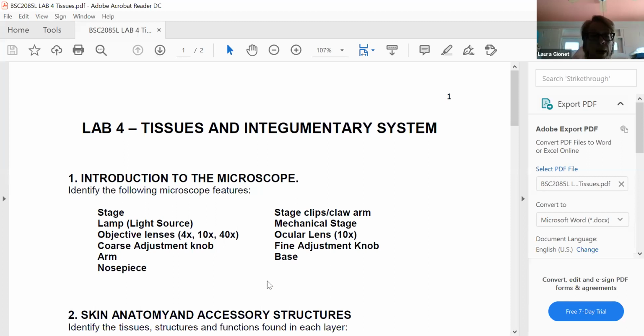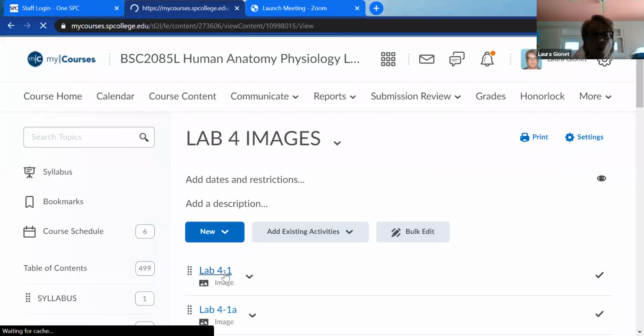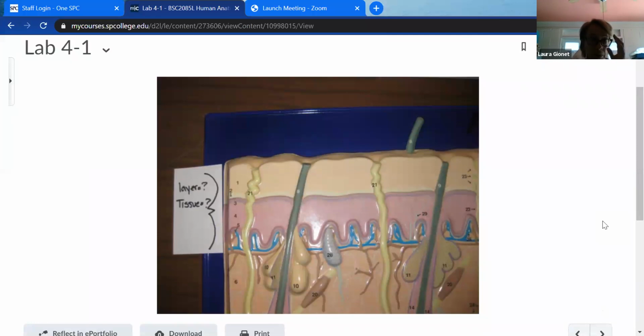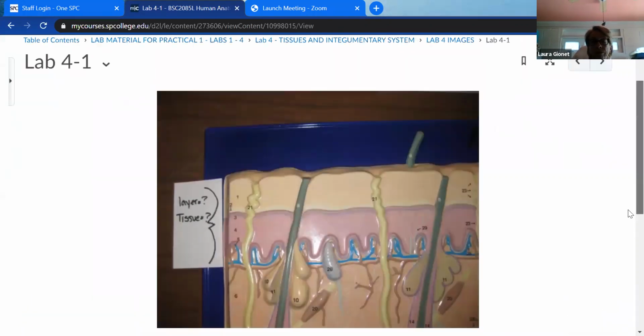All right, so let's start with 4-1. And let's see what we're looking at. All right, so this is an example of that cookie sheet model I always talk about. Here we have this pink with a little bit of tan on top. That's keratin. So you really have the pink layer going across, then you have the peachy layer below it, and then further below that is a yellow layer.